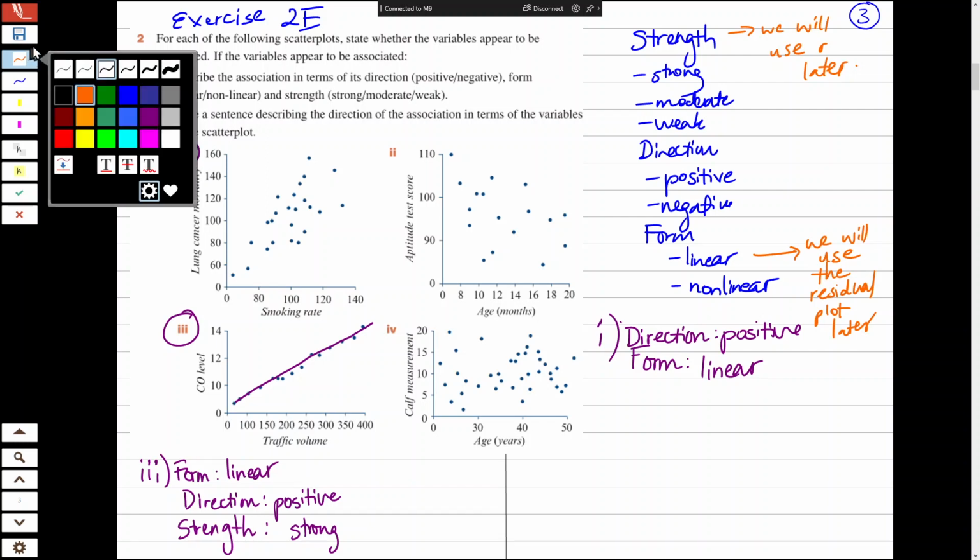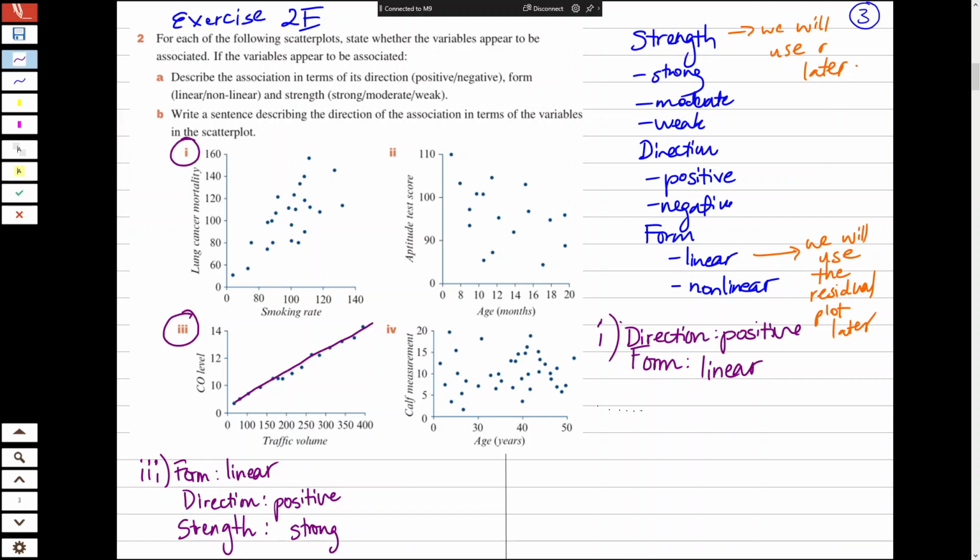Yes. Yes, you can. Okay, and strength. Moderate? Yeah, so can you see how like these 3 labels, there's some overlap at some point, right? So I think moderate is the way to go here. It's not as tight as this example, but the points aren't like super far away from the line either.